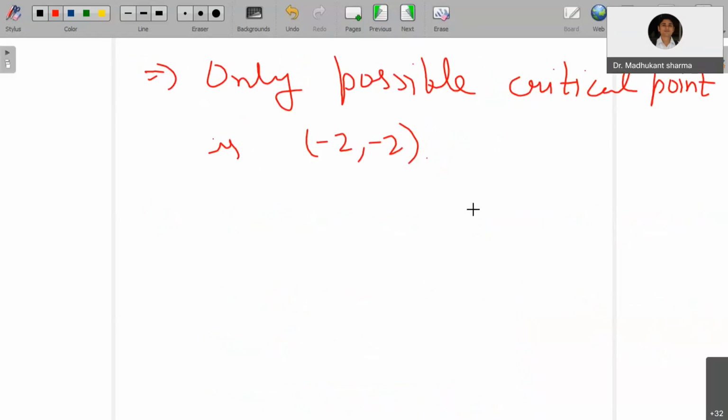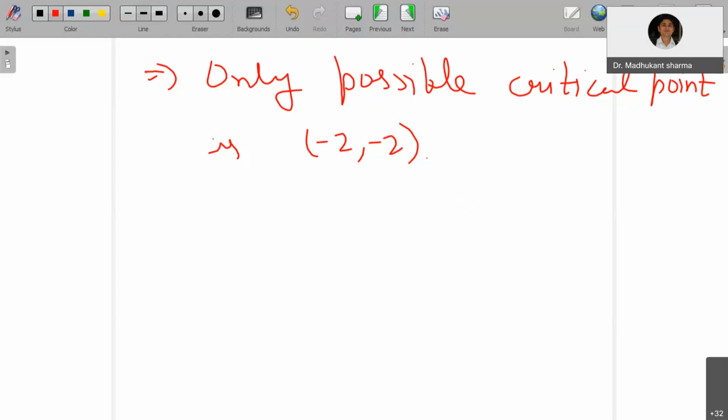There are no other critical points, because other critical points are the points where the first order partial derivatives do not exist, either one of them or both of them. But that is not the case. So the only possible critical point is this.